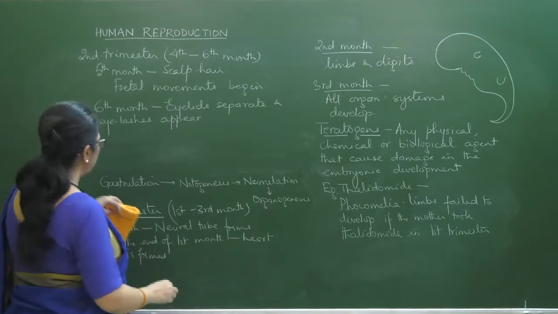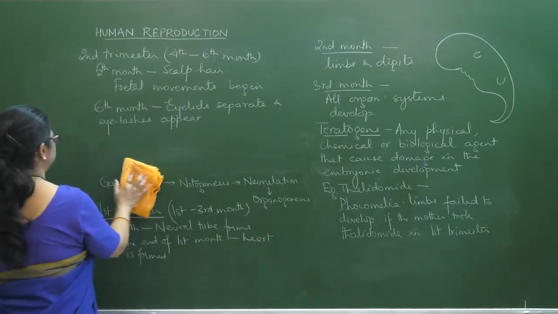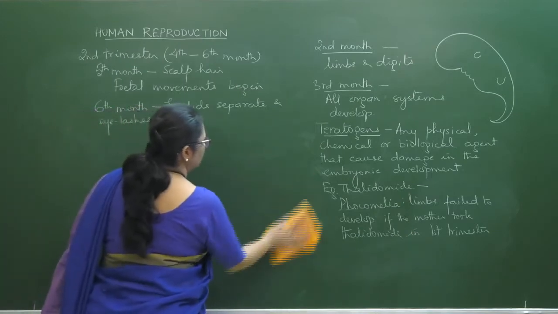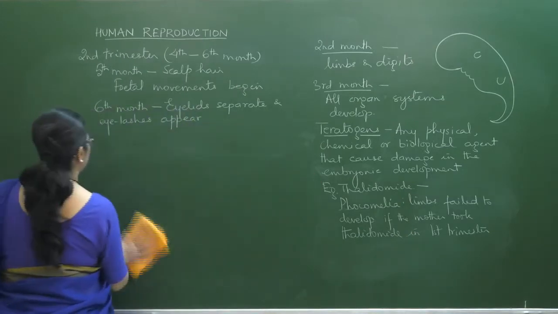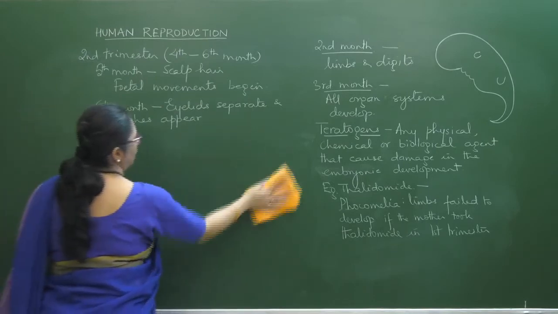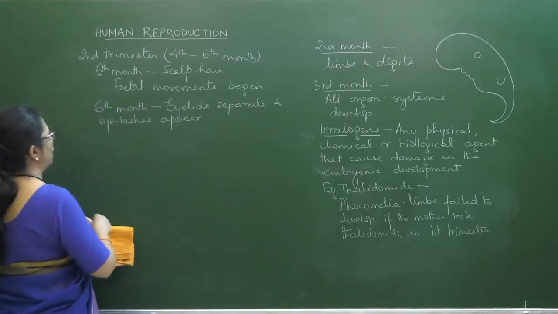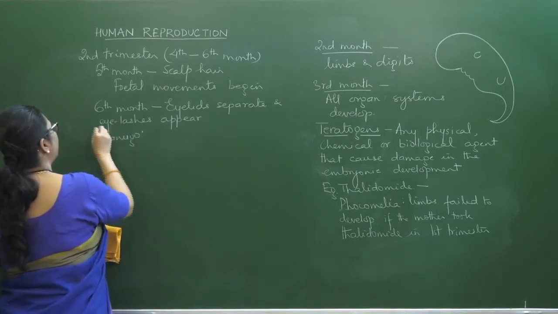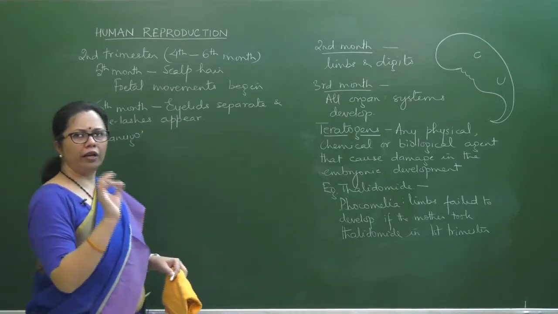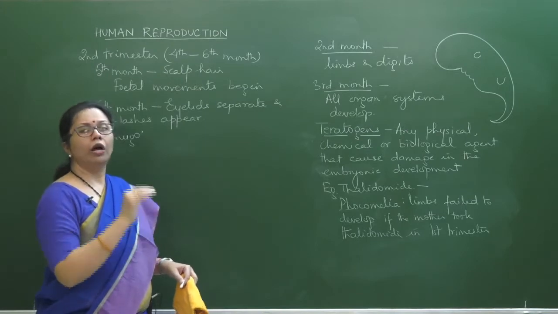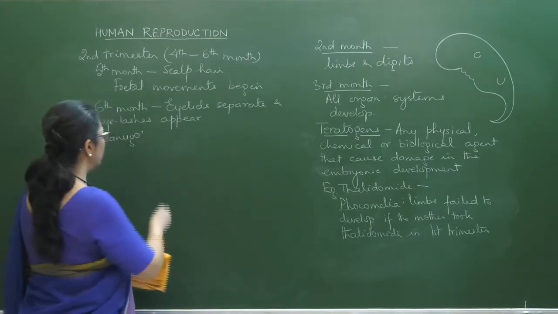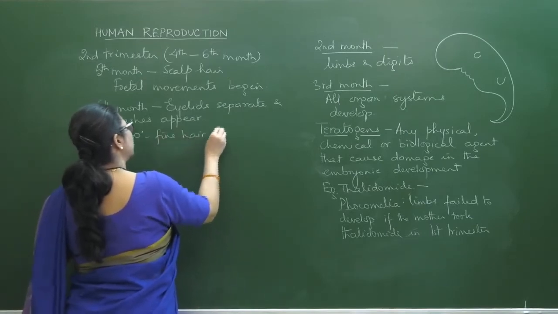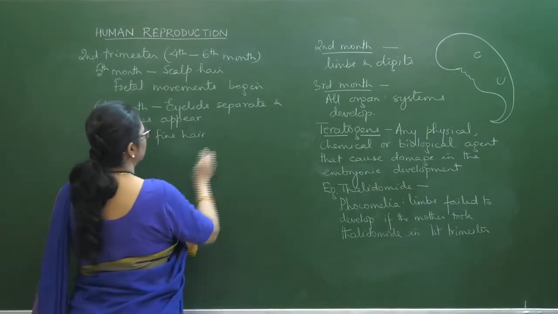And then lanugo. Lanugo is fine hair, also called down hair, all over the body. So fine hair arises all over the body.